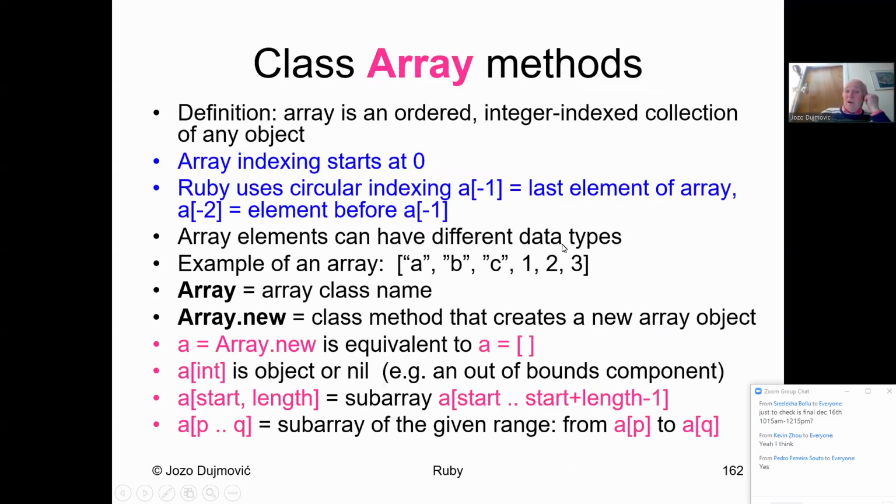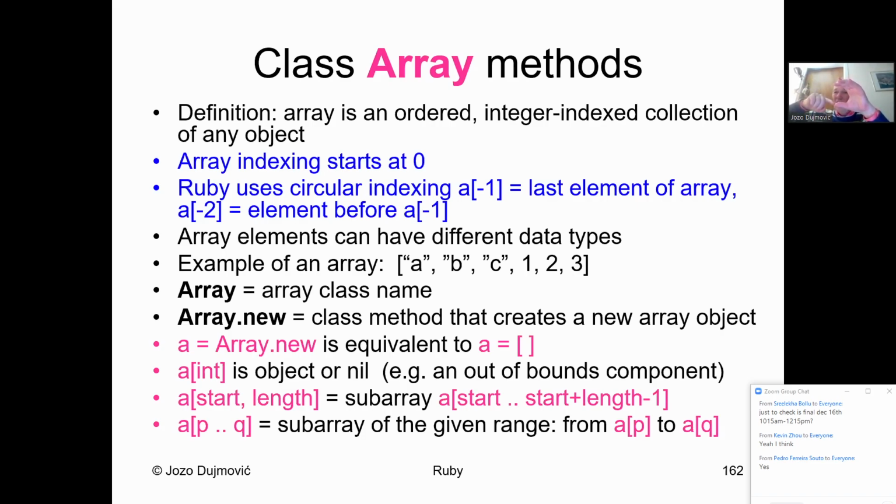Arrays have other nice features, and to summarize them, array indexing starts at 0. Array uses circular indexing. If you say component -1 is the last element of array, since the first one is 0, then there is the circle. With -1, you jump to the end of array. So it is circular list. You go 0, 1, 2 through n-1.